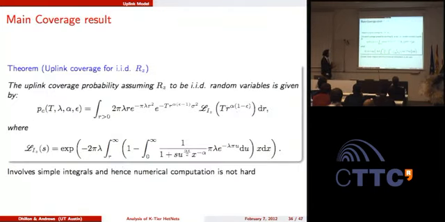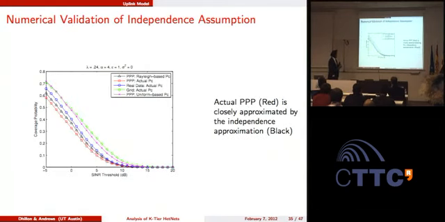But let's see how this fares in terms of coverage probability. So I'm skipping this analytical result in the interest of time. We have this actual PPP, the true model in which we don't have any assumption. The coverage probability is given by this red plot, and then we have this black plot which is under the assumption, and we see that actually they're really close.